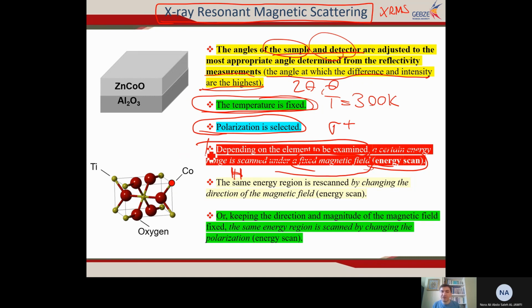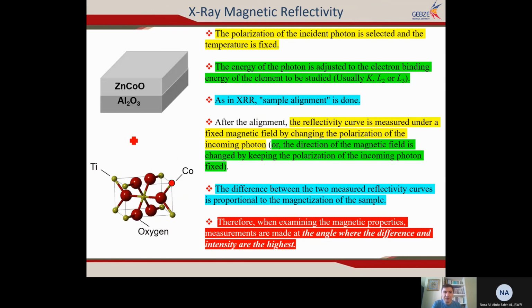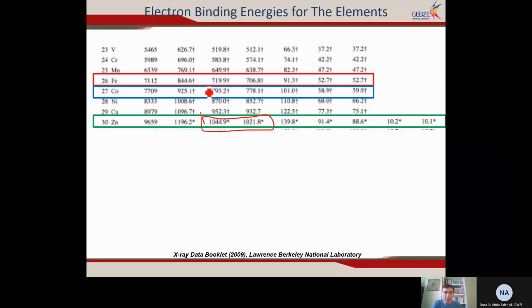What you see here, energy is not fixed. We scan the energy, okay? And the energy range depends on the element under investigation. If you are investigating zinc, you have to scan the energies around zinc, okay? If you are investigating cobalt within the material, you have to scan this energy range, okay?